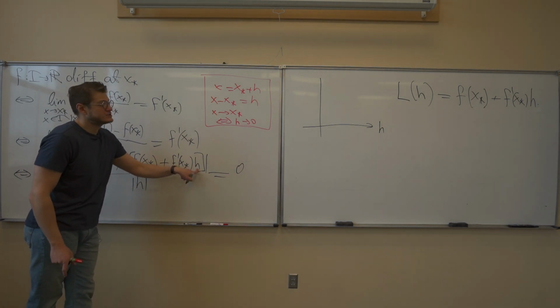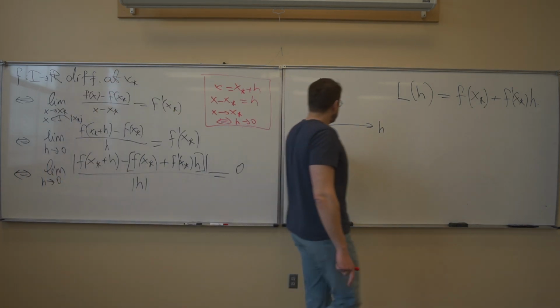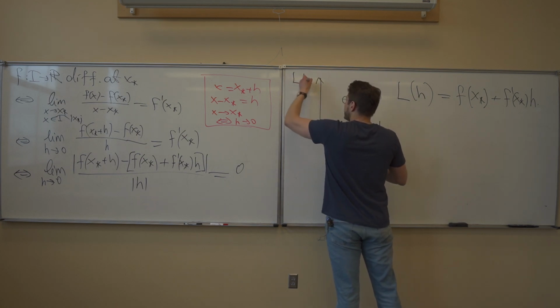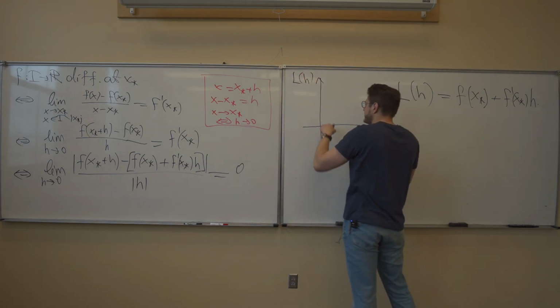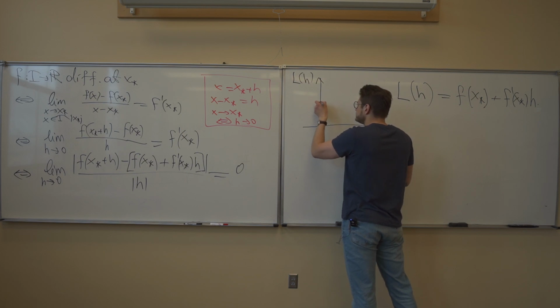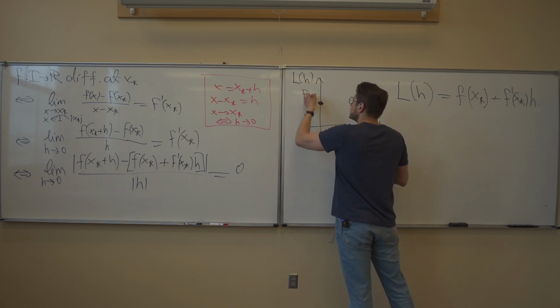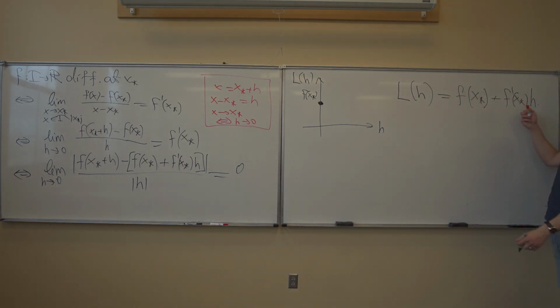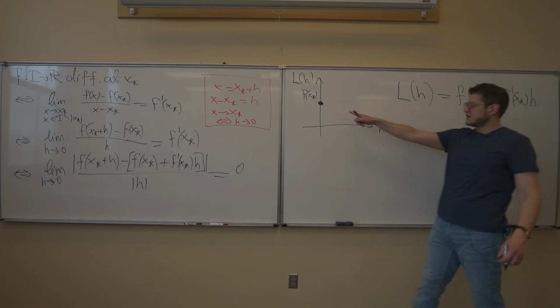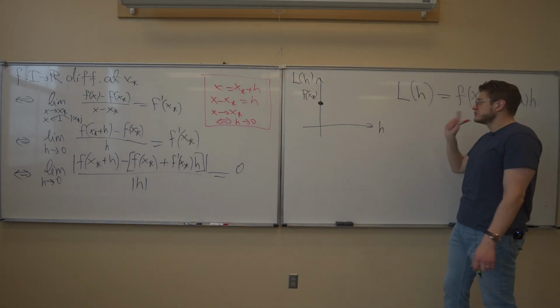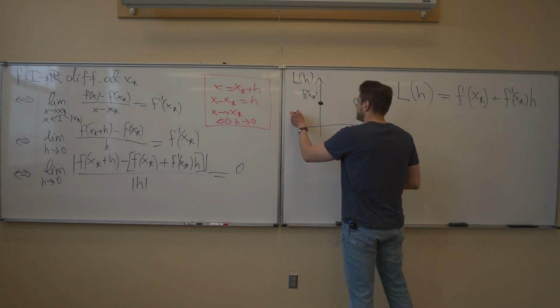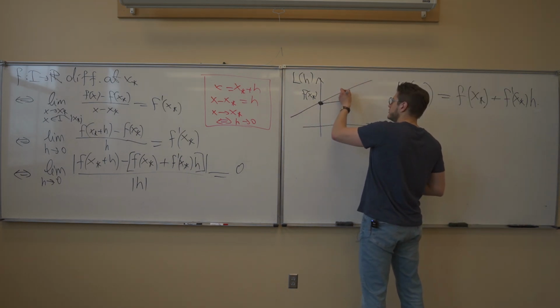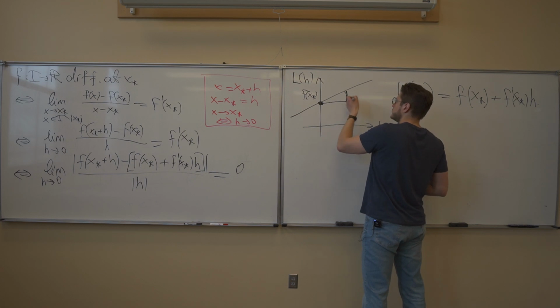I want to think of it as h. So this is h against L of h. Now what does this say? This says that at h equals 0, I'm at this point, f of x star. And then the slope is supposed to be this guy. And if I know where a line passes and what its slope is, then I know everything. I can draw the whole graph. So the slope, rise over run, whatever.